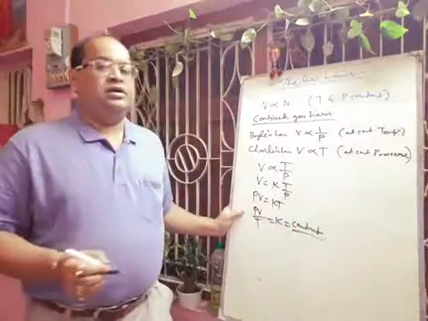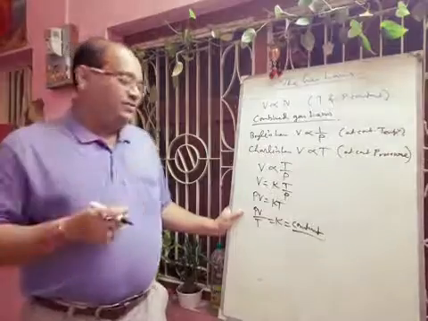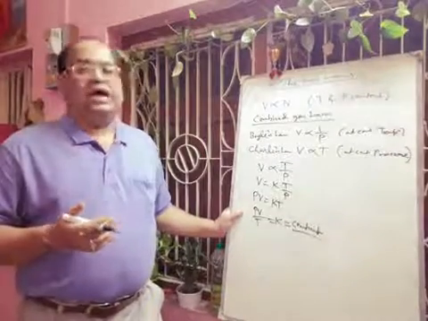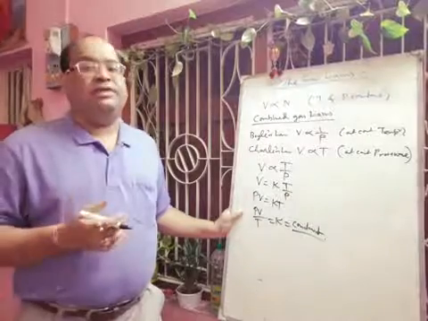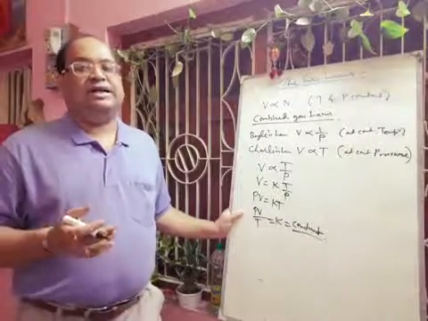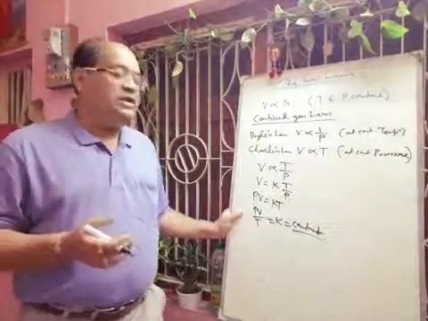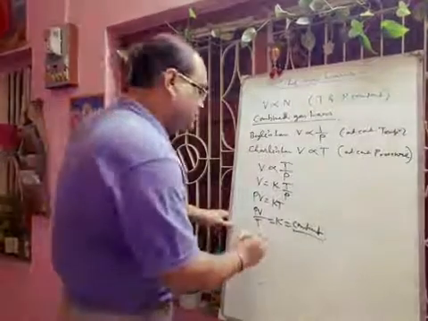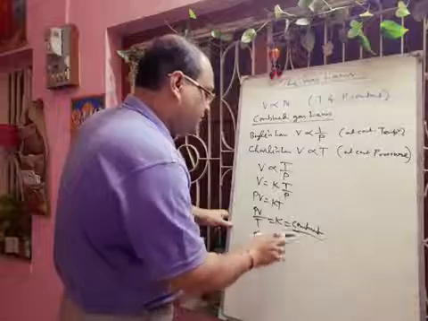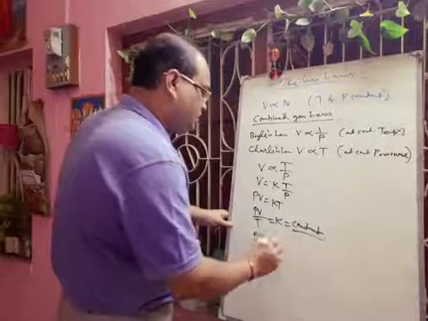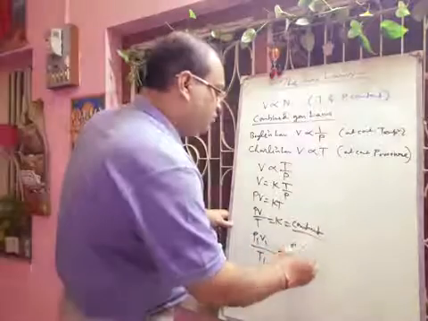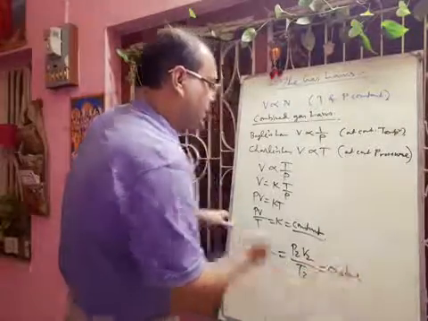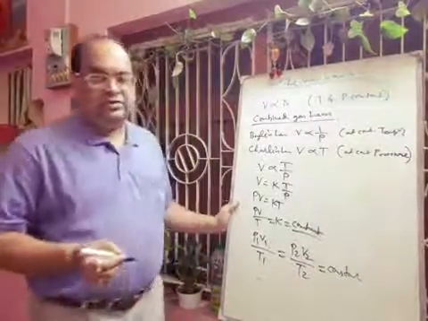So if V1 is the volume of a gas at pressure P1 and temperature T1, and V2 is the volume of the same amount of gas at pressure P2 and temperature T2, then we can write another equation, that is P1 V1 by T1 is equal to P2 V2 by T2. That will be equal to constant, as PV by T is equal to constant.